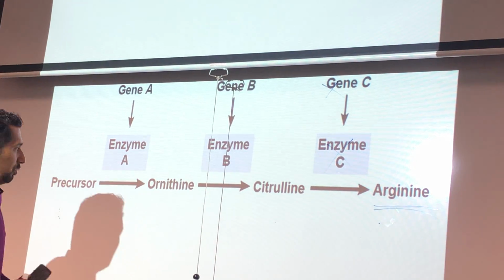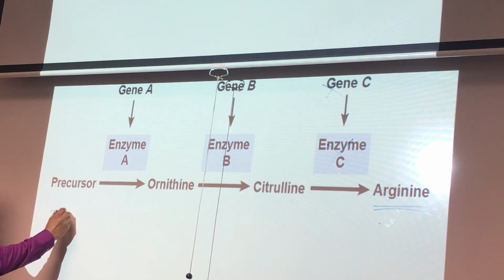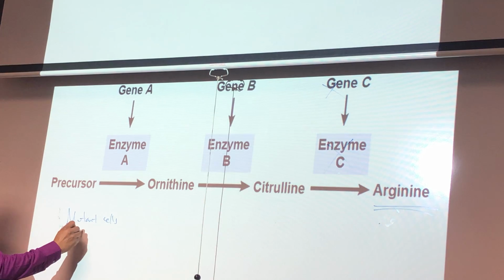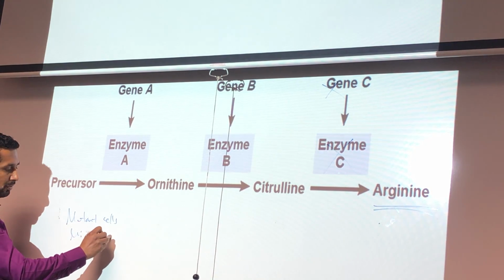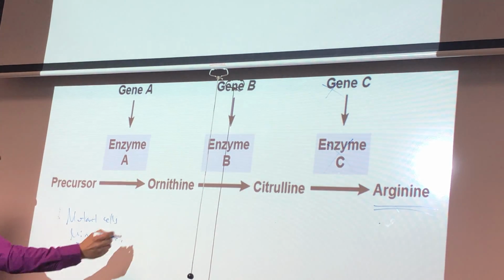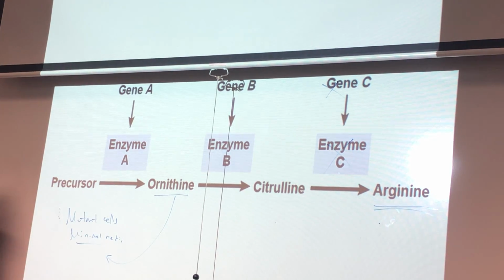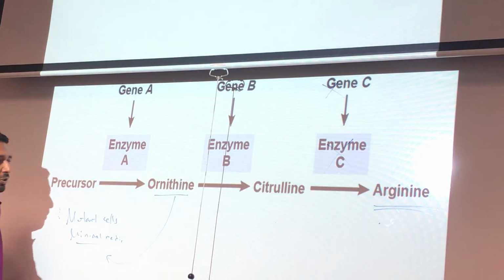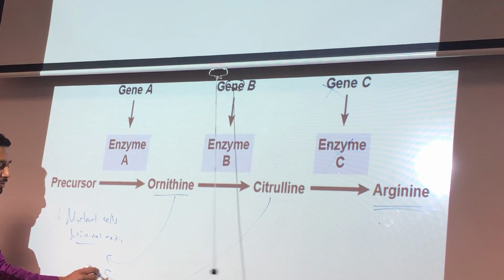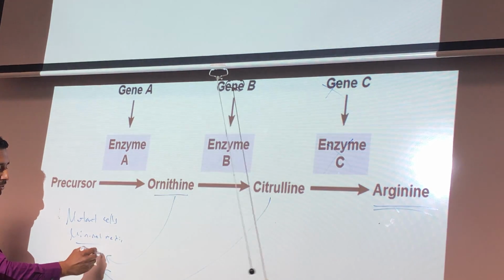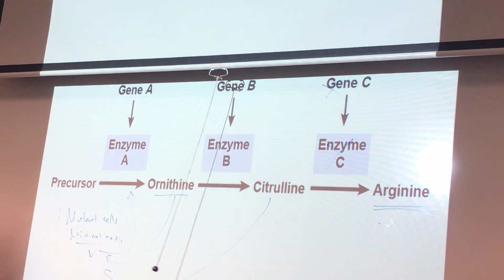Okay? You will put the mutant cells in minimal media, and then start adding ornithine. If it grows, then enzyme A is the one that is faulty.